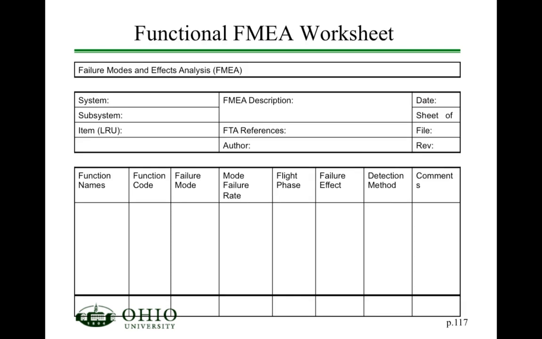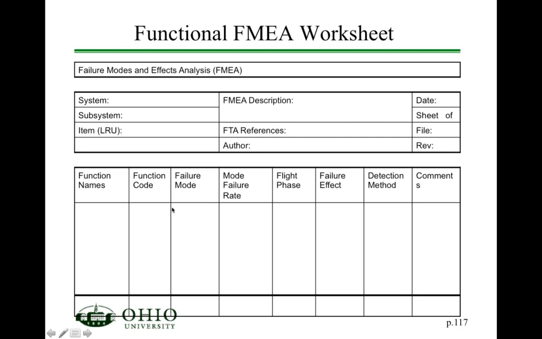Now, if you do this kind of analysis, you want to be very structured about it, very well organized. So it's always good to use some kind of worksheet, and I gave an example here. So I identified a system, subsystem, or item. I identified a function name, code if you have it. What kind of failure mode are you talking about? Is this a short?